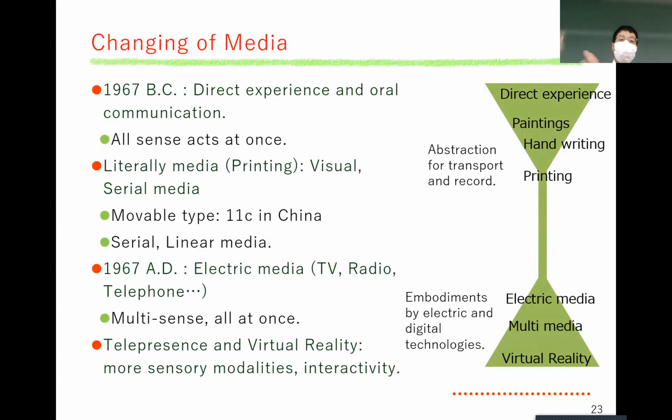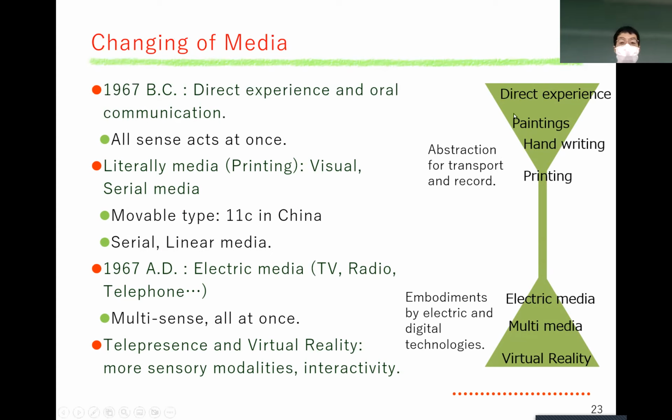So, this was the explanation about Marshall McLuhan's media and Understanding Media as an extension of man. And this slide is my idea. So in ancient days, we could get a direct experience and utilize all our sensory systems.